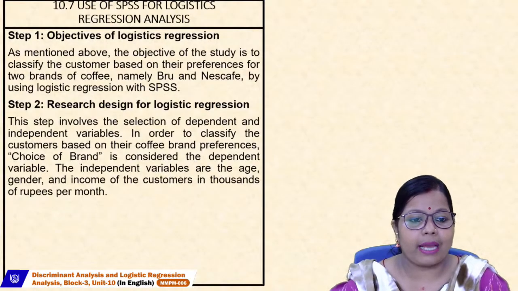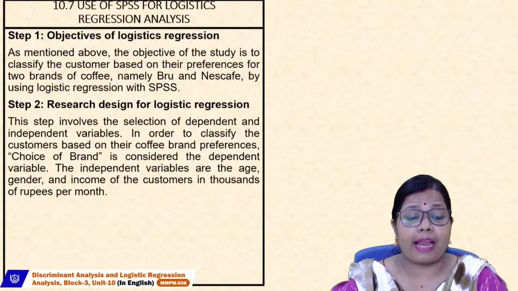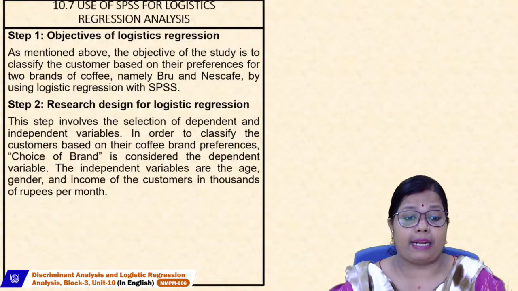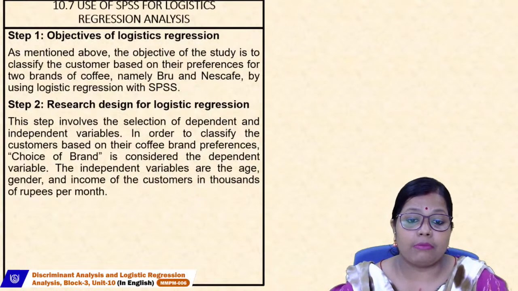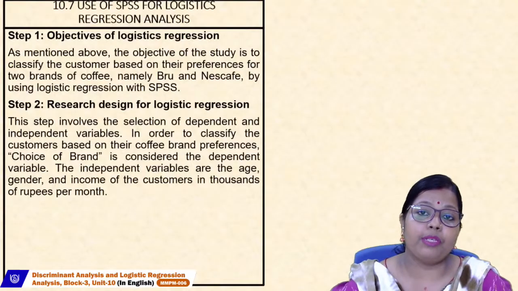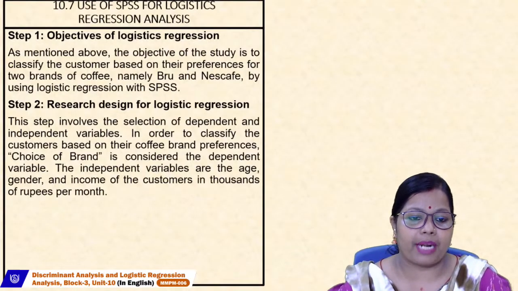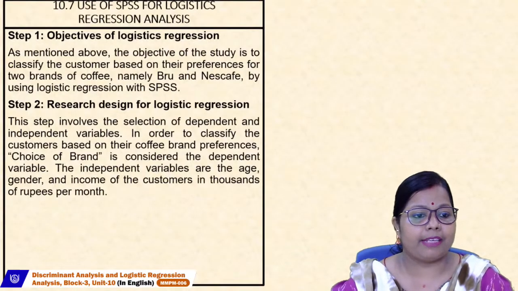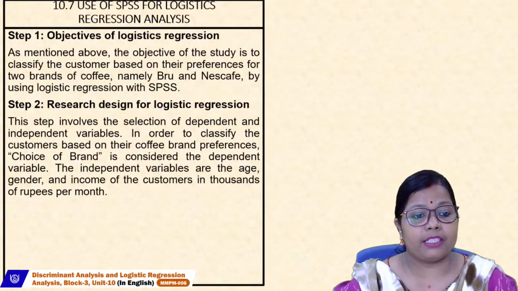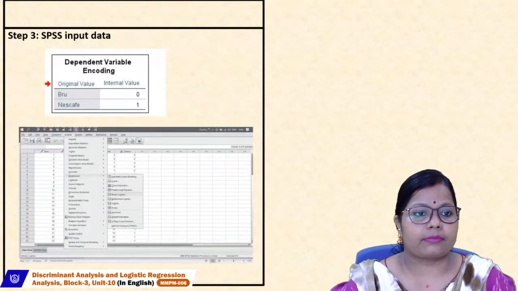So age is a factor which changes the choice of brand. Similarly income, the high income group will choose the costly coffee brand. So these are the independent variables, but the dependent variable is the coffee brand.